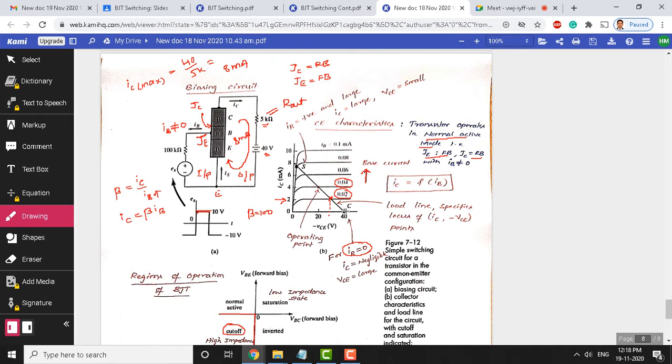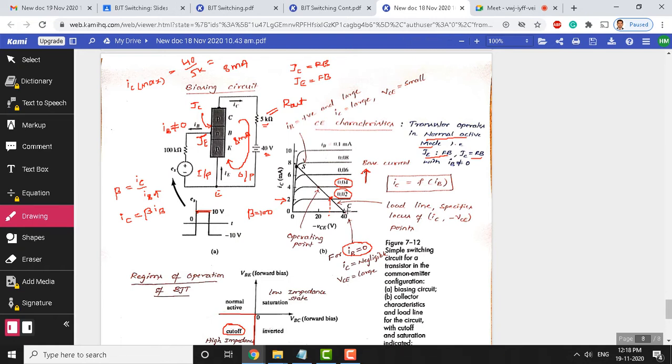The end points of the load line you can see here. This is 40 volts. This is in the cutoff region, which is labeled as C here, and this other end is the saturation point.